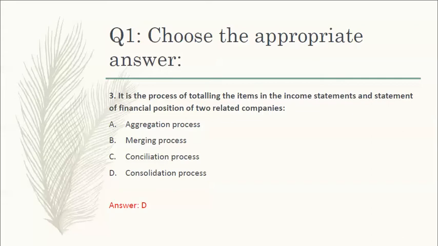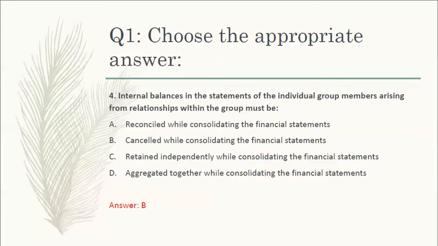Question number 5. Internal balances in the statement of the individual group members arising from relation within the group must be: first choice, reconciled while consolidating the financial statement; B, cancelled while consolidating the financial statement; C, retained independently while consolidating the financial statement; D, aggregated together while consolidating the financial statement.